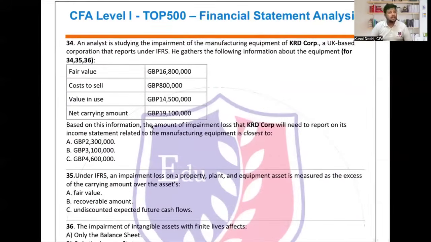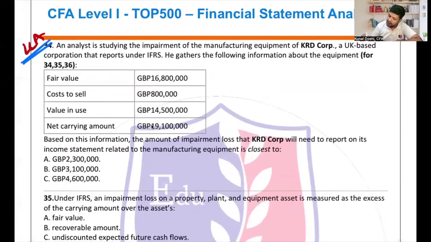Okay. Now you will see questions related to the topic of long-lived assets. Long-lived assets are property, plant, equipment, right? Tangibles, intangibles. Correct? Now, these three questions are based on this information.